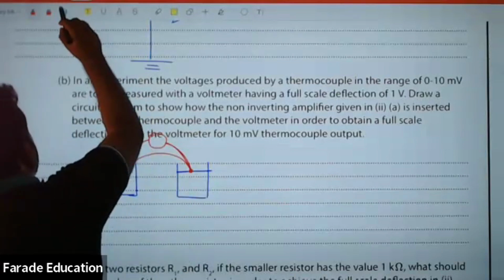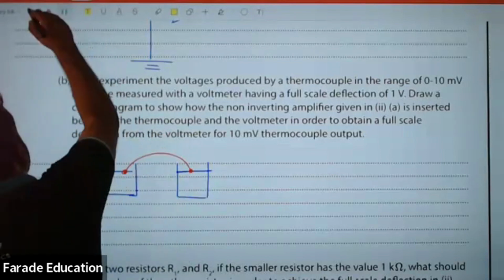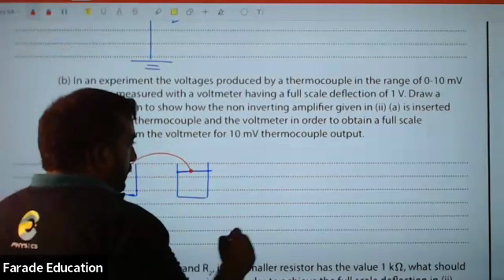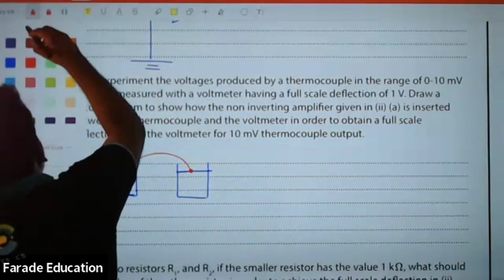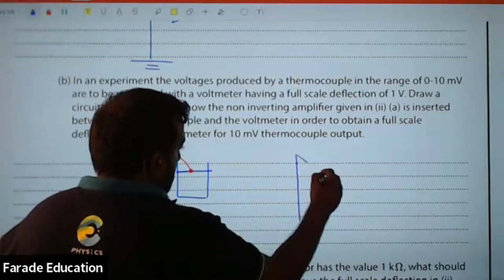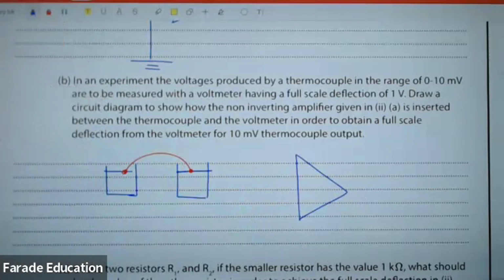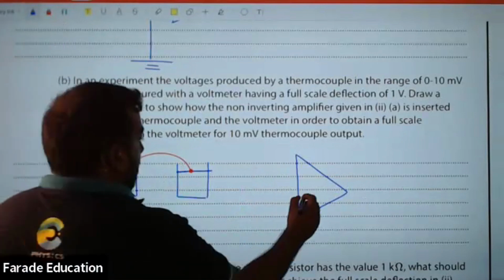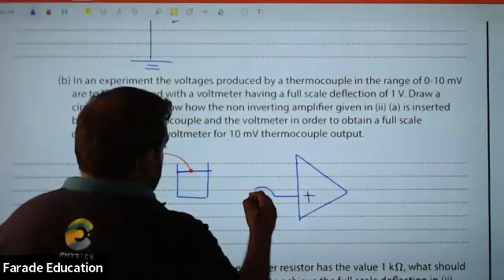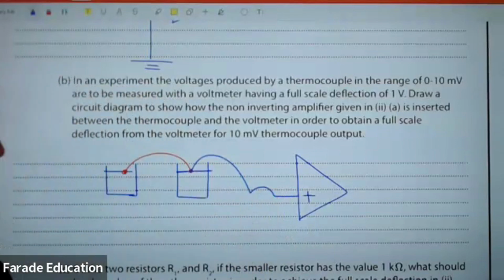How will you amplify the signal? Look at this carefully. Now you have an operational amplifier here. The voltage signal from here must go into V plus.